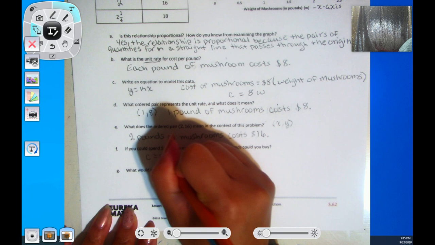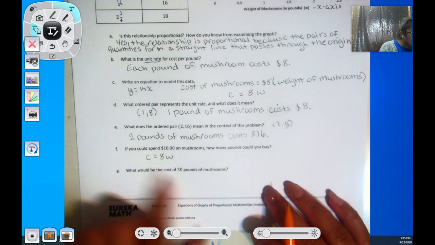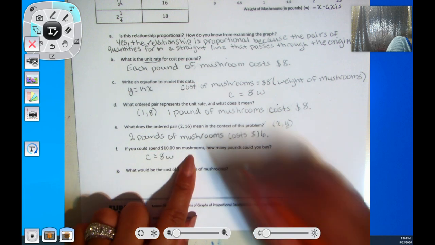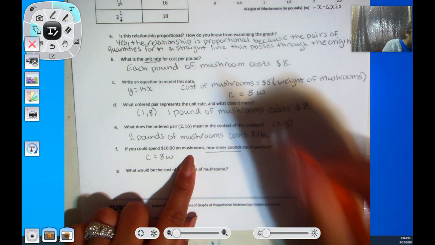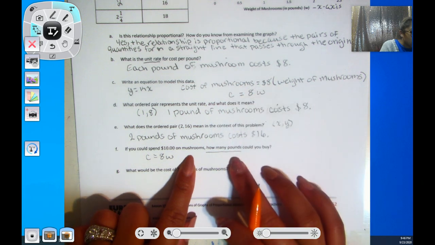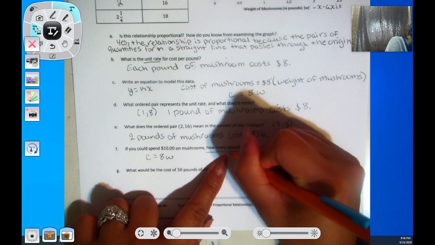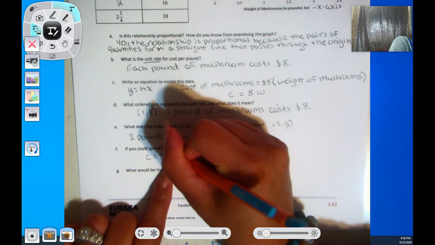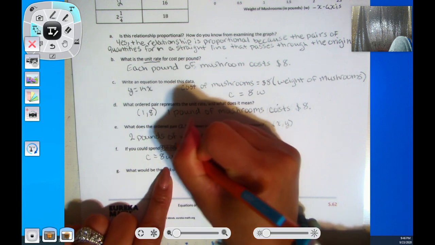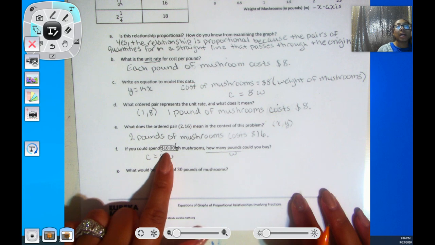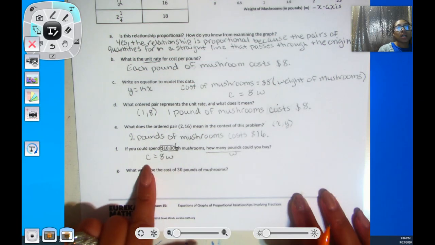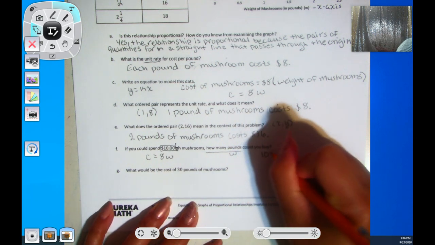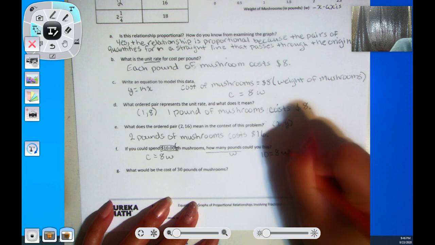C is equal to 8 times W. Now in the problem it says if you could spend $10 on mushrooms, how many pounds could you buy? So I'm looking for pounds. So I'm looking for the weight. I'm looking for the W. So that must mean that this 10 represents the cost of the mushrooms, my C. So I can replace C in our equation with 10. So let's do that. 10 is equal to 8W.